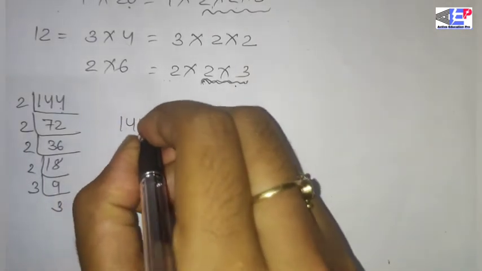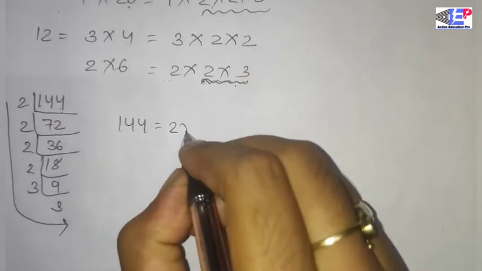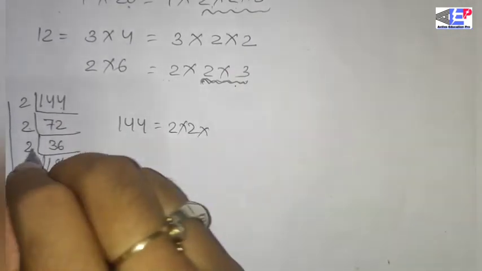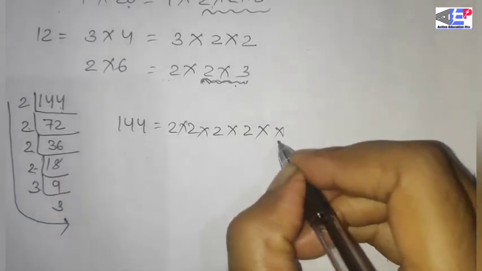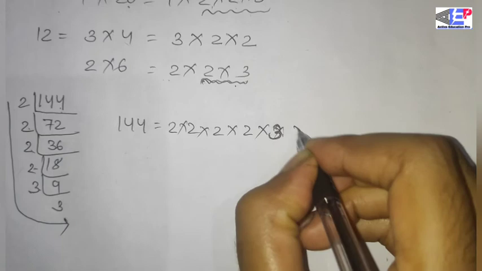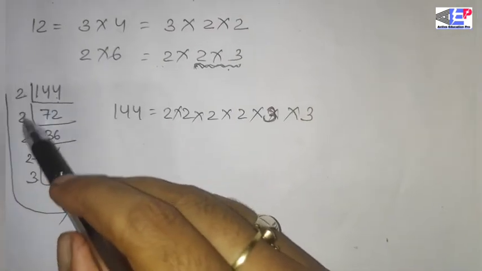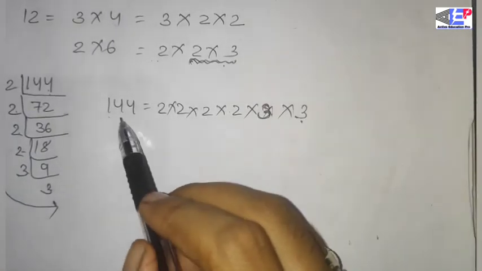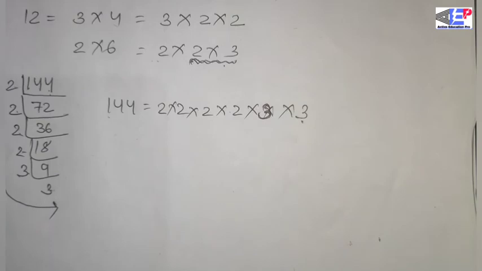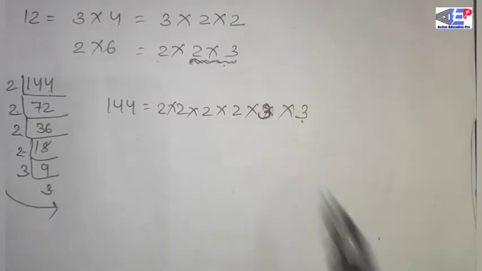So you can write 144 is equal to 2 into 2 into 2 into 2 into 3 into 3. 144 can be represented as the product of the prime numbers 2 into 2 into 2 into 2 into 3 into 3.